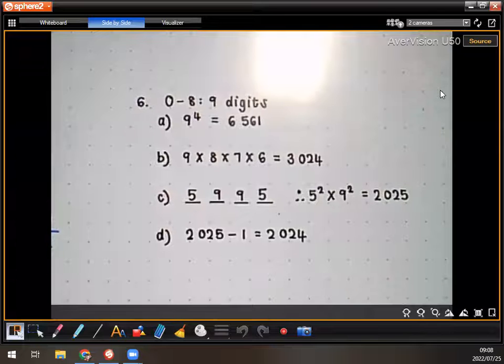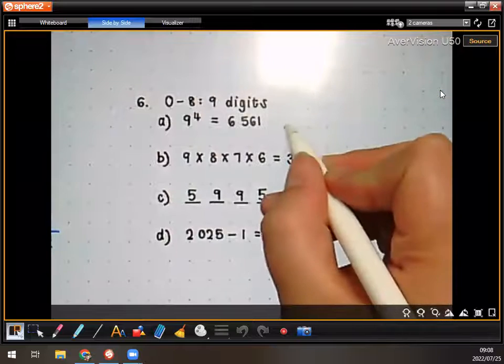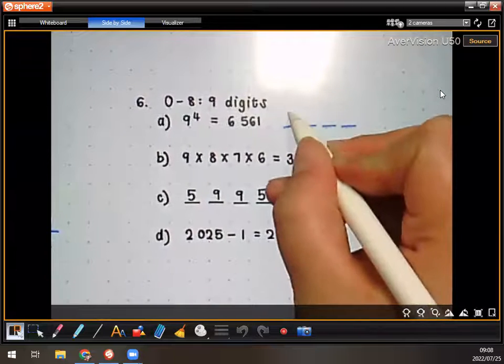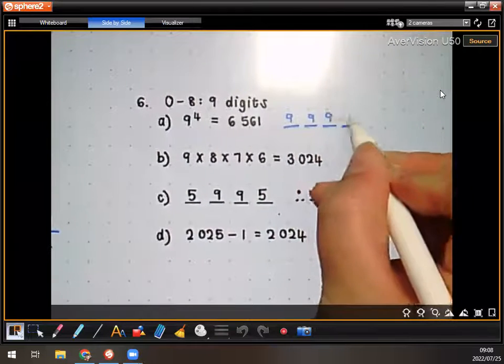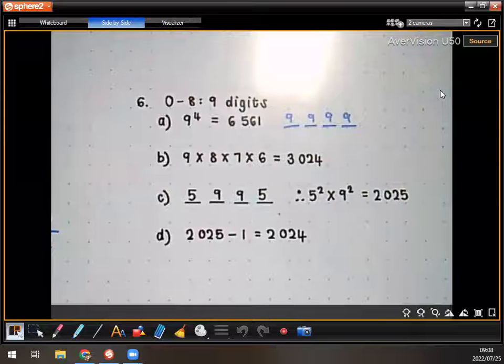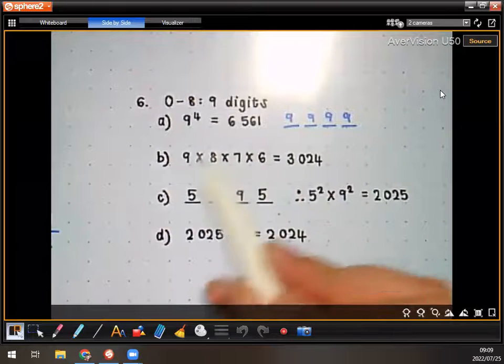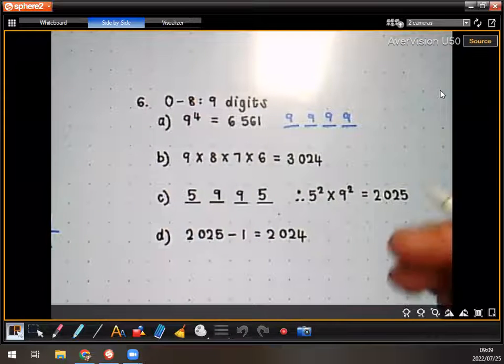For 6A, they asked how many codes can you make if the digits can be repeated. So that would be 1, 2, 3, 4. There would be 9 options for all 4 of them. Right? That's like 9 to the power 4. For the next one, if you can't repeat them, it's 9, 8, 7, 6. Let's just quickly think, how could we write this differently if we wanted to use factorial notation?